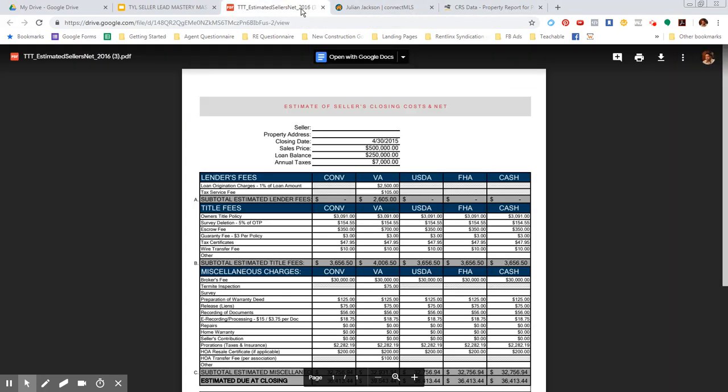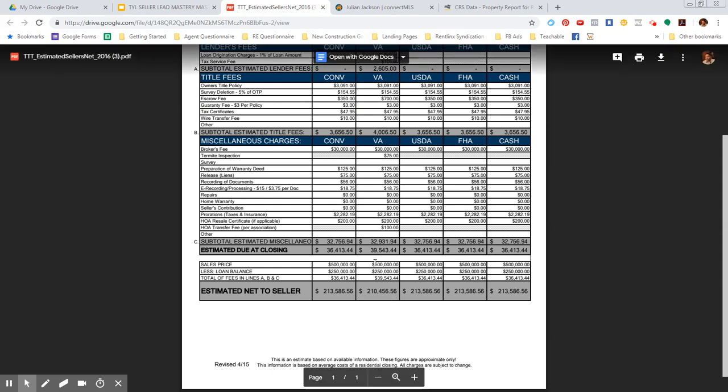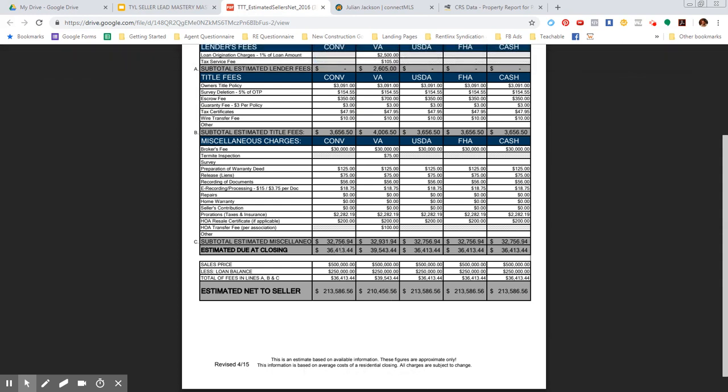Then you can go back to the net sheet, and you would put $425,000 as the sales price, $278,000 with the taxes in there. And when you say $425, $278, you're looking at what, $140,000, and then you subtract 36. So they're going to get back $105,000 on that property.